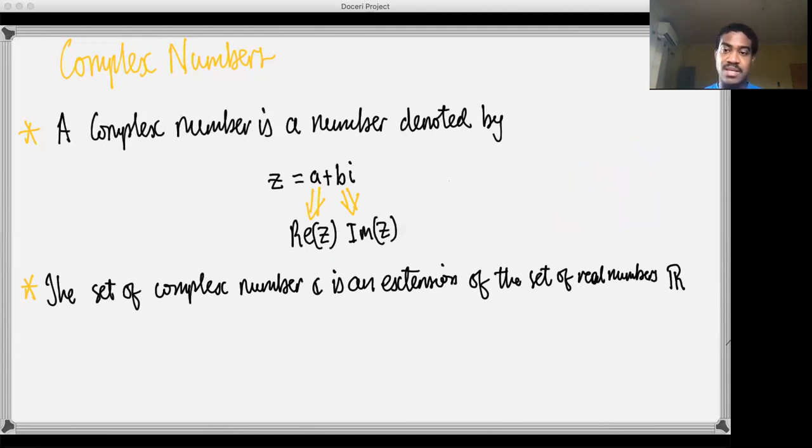Last point, but certainly not the least, what we need to note is that prior to Unit 2, you all would have solved quadratic equations.